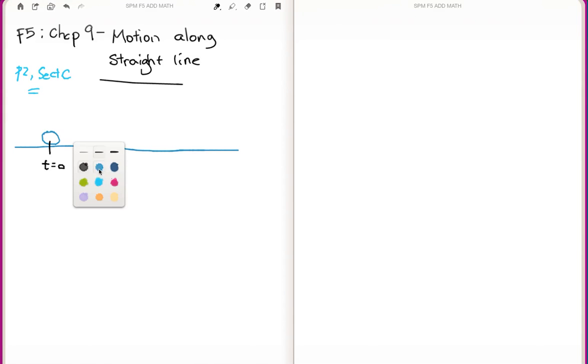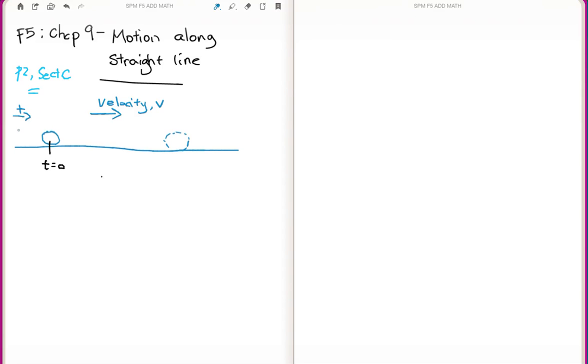After a certain amount of time later, it is moving at a speed of v, velocity, moving towards the right, where I define my positive as towards the right.